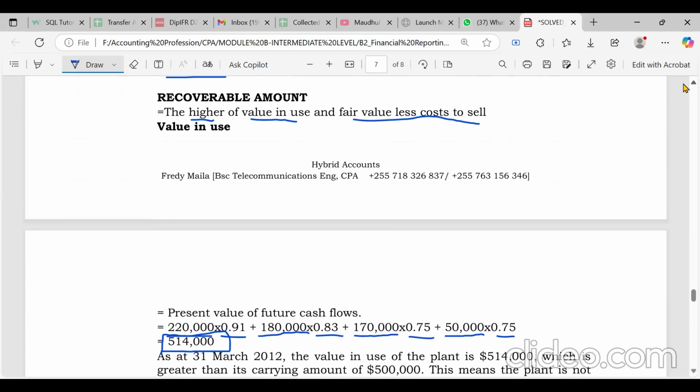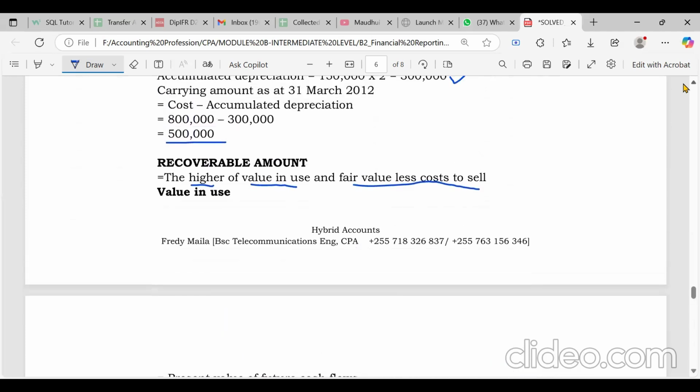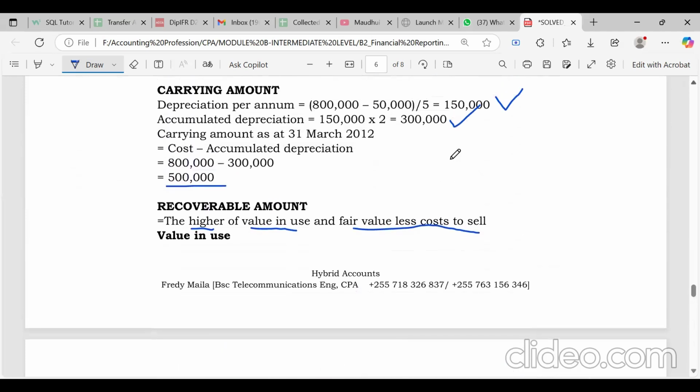Look, the impairment is only there if carrying amount exceeds the recoverable amount, right? And for the recoverable amount, the value in use we have got it at 514, the value in use alone. It means that we are only going to discard it if the fair value less cost to sell is more than this, because we will take the higher.